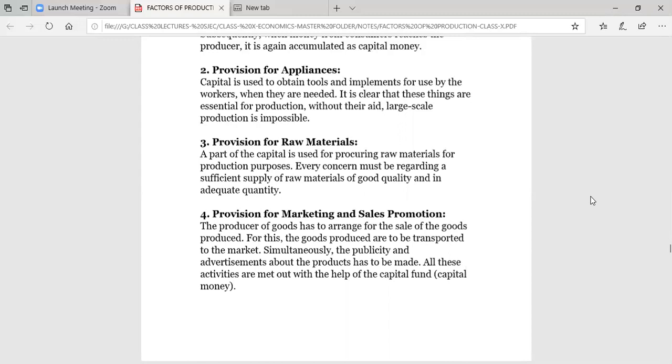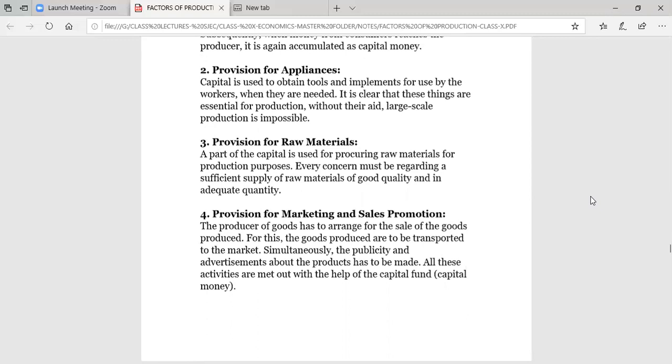To run a machine, what do you require? You require certain tools and tackles. So who is generating this appliances requirement? Capital is generating the requirement of appliances, which are required for production, which are required for the machinery.